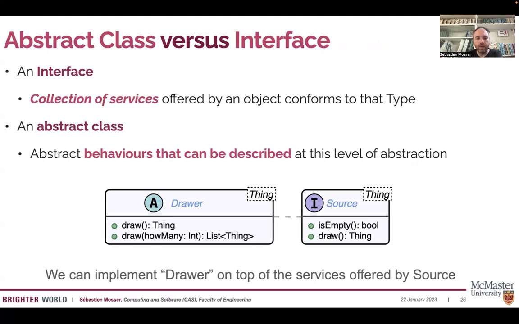I can implement draw how many, and draw by delegating to source without having any information about the concrete source that is used. That's why types, and that's why thinking in terms of behavioral abstraction is so important, because then it helps you to abstract what you need and to reuse as much as possible.